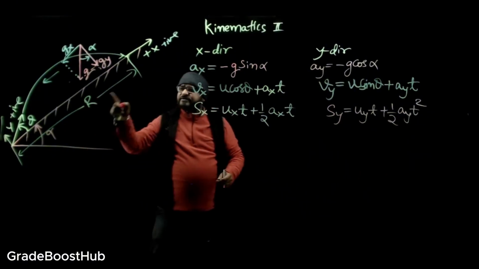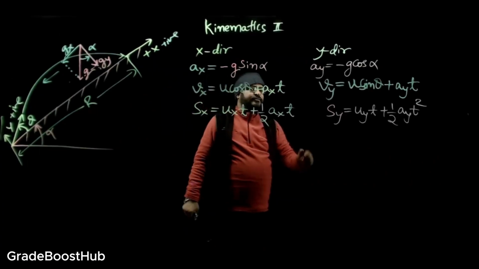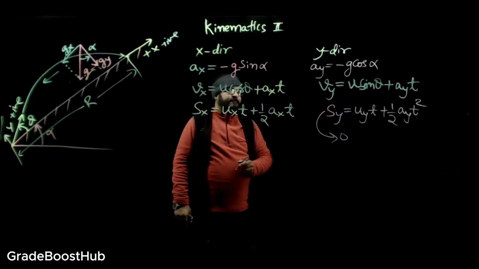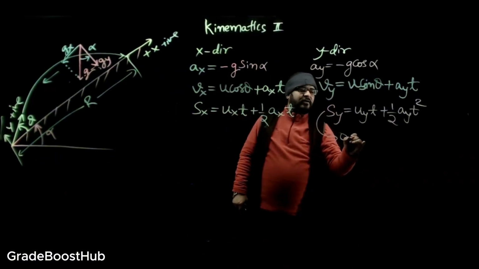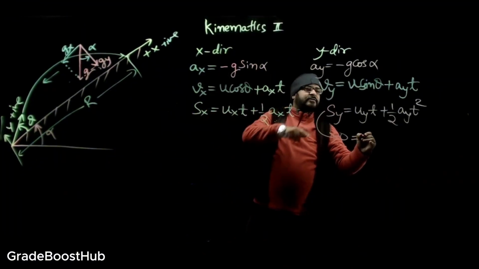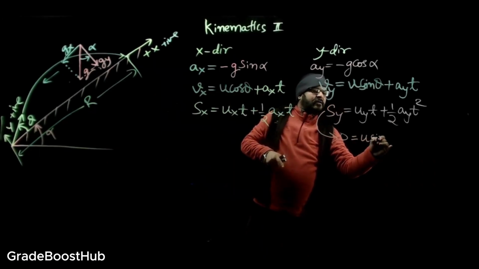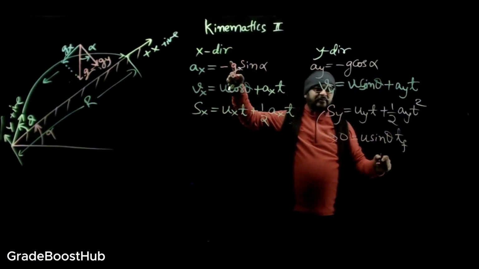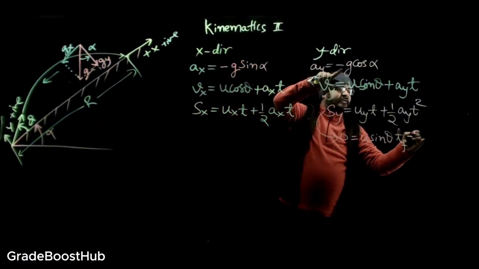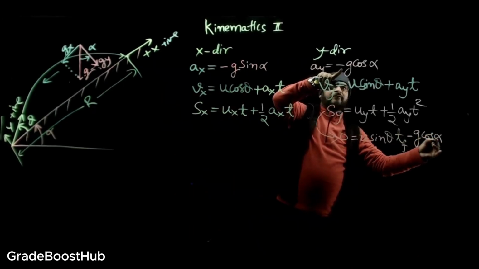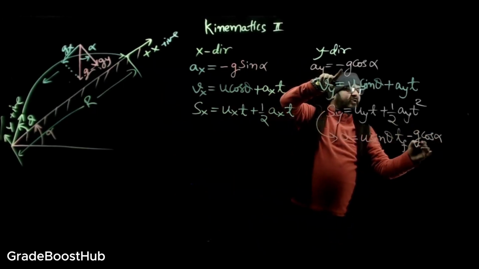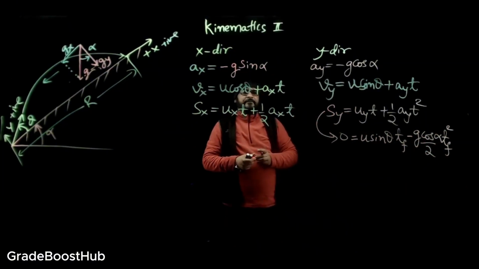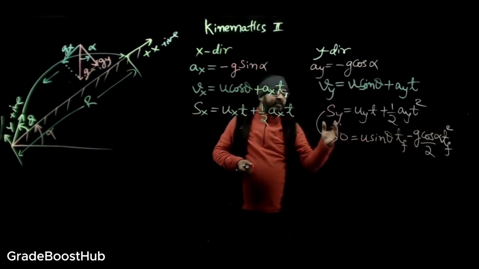Now I'm interested in range. What happens at range? At my range, sy is going to be 0. Right, so I'm going to put here my uy, which is u sine theta, into time of flight. At range I have the time that is called time of flight, minus g cos alpha, that is my a, by 2 tf square. So from this I can find time of flight.